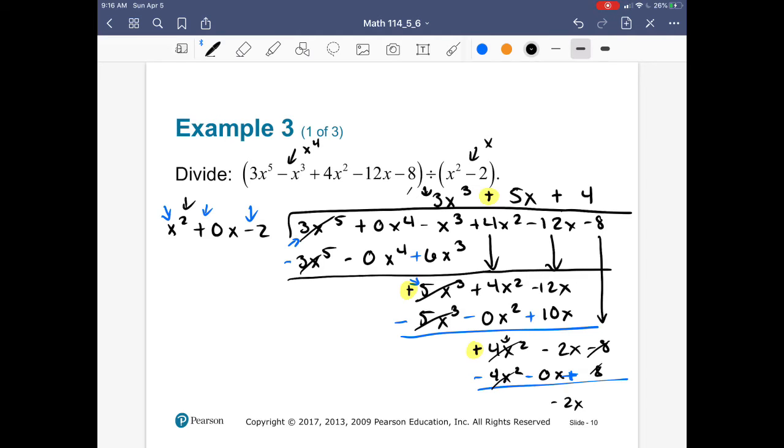Therefore, my answer for this huge problem is 3x cubed plus 5x plus 4 minus 2x over x squared minus 2. And this comes from the idea of mixed numbers. That's why we have to write it like this.